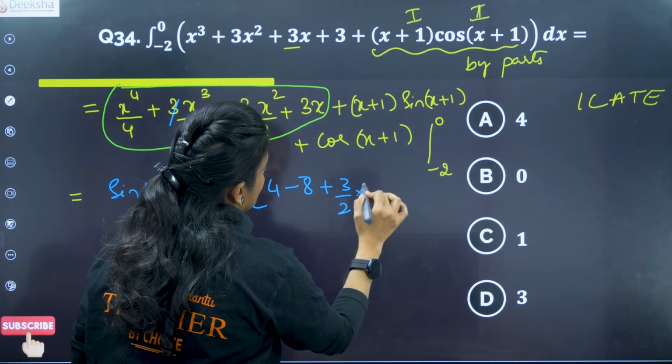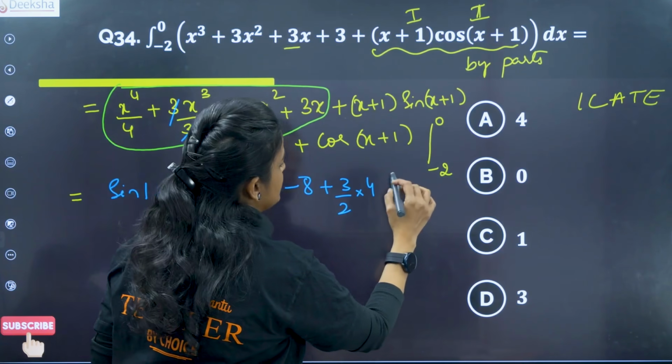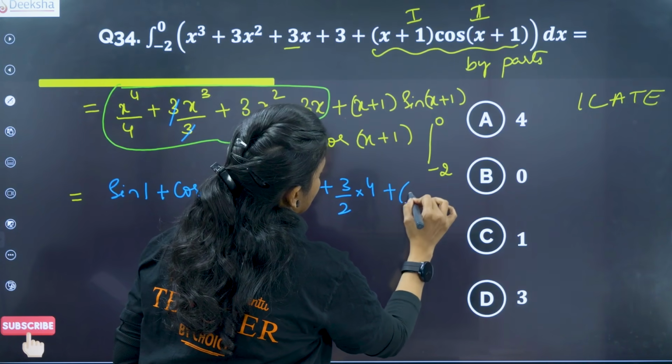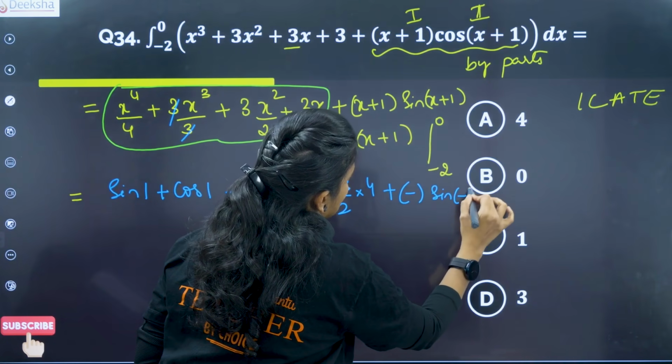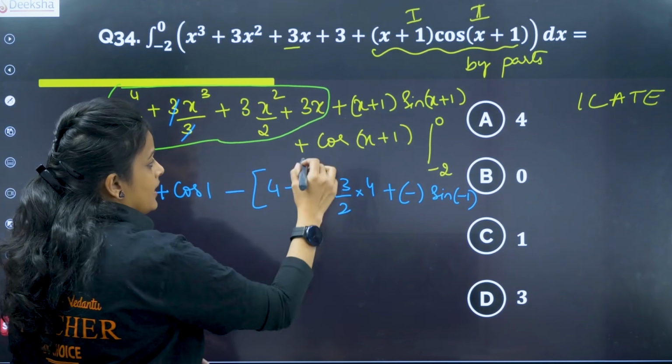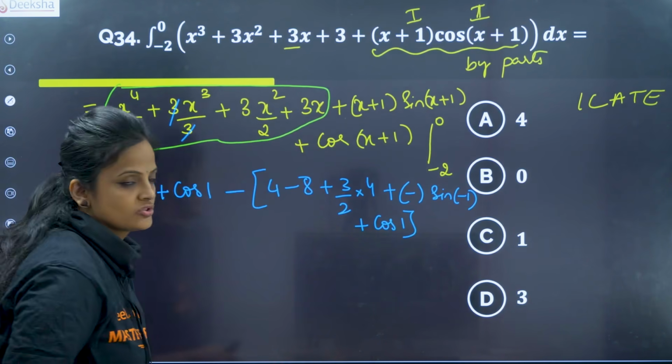3/2 into 4, and here if I substitute -2 it will be negative, plus minus, and here also the minus sign of -1 makes a positive, and here cos of negative is anyway positive only.